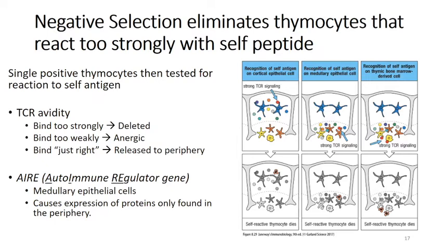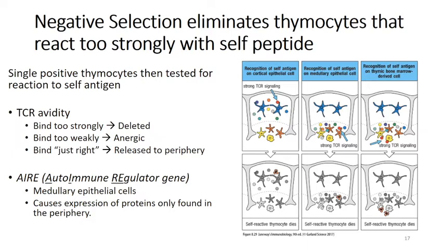You remember the innate system uses pattern recognition. Next, all these billions of different receptors, and it weeds out the autoreactive ones.